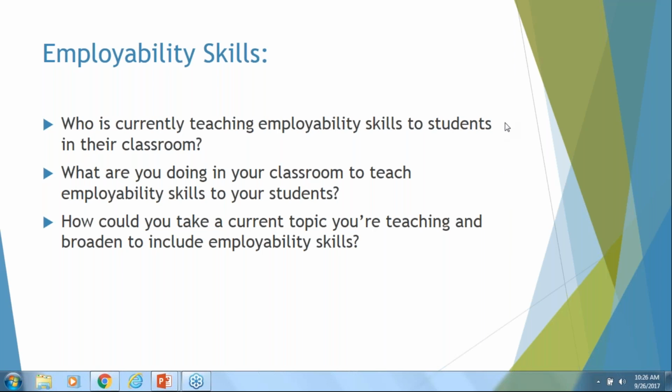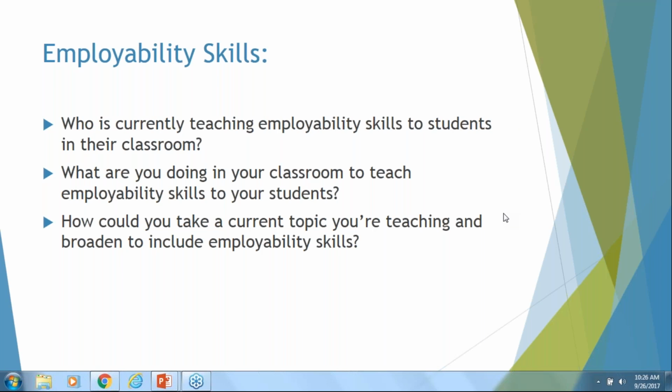Okay, so as Sarah asked you earlier, we know that we're using things to teach employability skills in our classrooms, but how can we broaden it to include employability skills? So what if you take a current topic you're teaching, such as someone said math, that they're already using that in math.